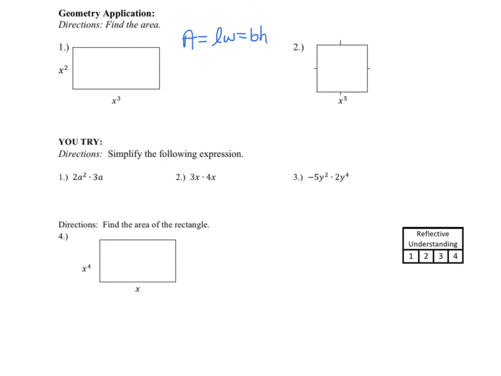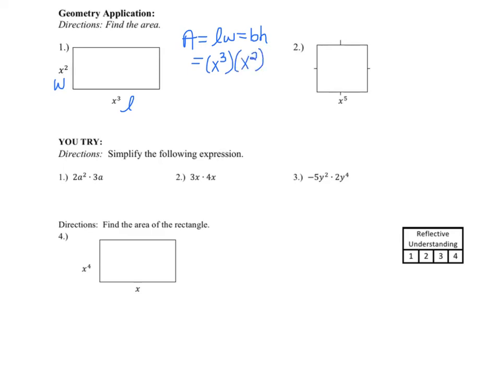So now let's plug in what we know. What's our base? What's our height? What's our length? What's our width? Well, x to the 3rd power is our length, also our base, so just label that L. And then our width, or our height, is W. Now let's plug it in. Area equals x to the 3rd power, that's our length, times our width, which is x to the 2nd power.